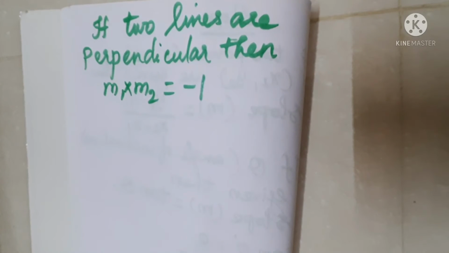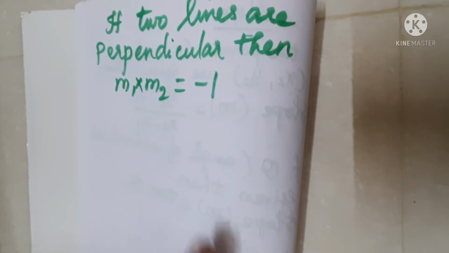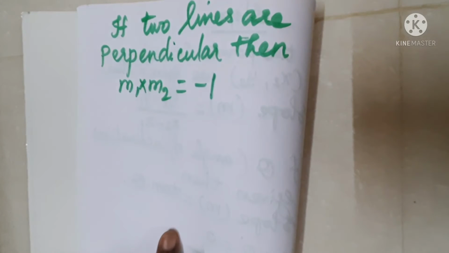Their product is minus 1. So parallel means m1 is equal to m2, and perpendicular means m1 into m2 is equal to minus 1. Using this we can find the value.